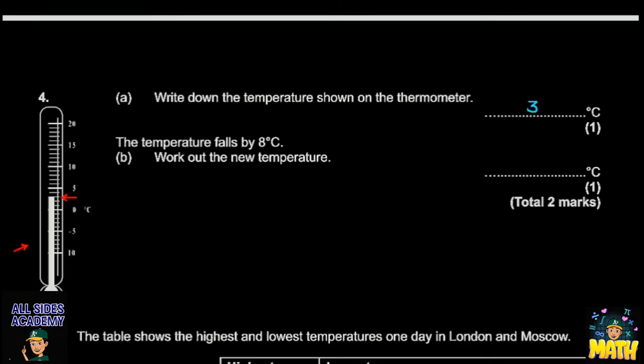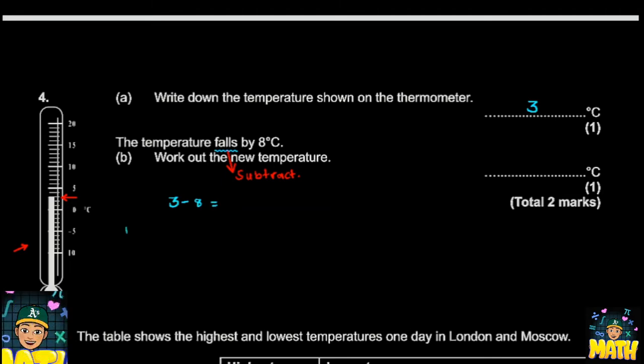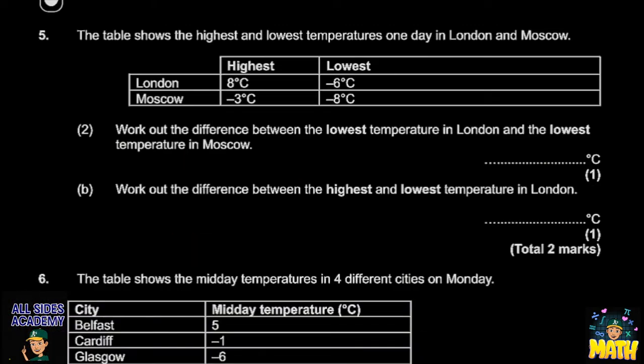So if we have been given 3 as our starting temperature, falling will mean that we are going to subtract. So I'm going to write that down, subtract. Falling, lower, all those mean subtracting. So we'll take the 3, take away 8, which is, now remember, we had said that when it's a big number, take away a small number, we'll get a positive, but if it's the other way around, we'll get a negative. So that gives us -5.